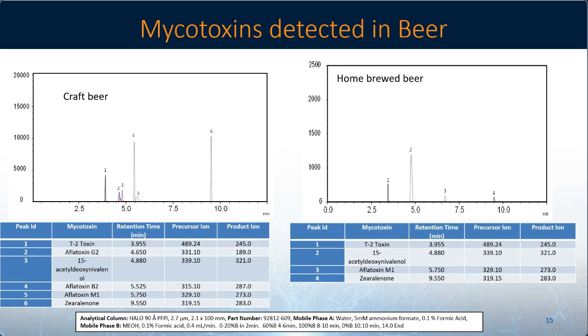So they access a lot of different grains that, again, are not traditionally used for brewing, so there's more possibility of contamination through mycotoxins that way. But again, we can see that these compounds are very hardy. They do survive the transition from the plant to the animal to the human. So it's not too hard to understand that they would also survive the brewing process.